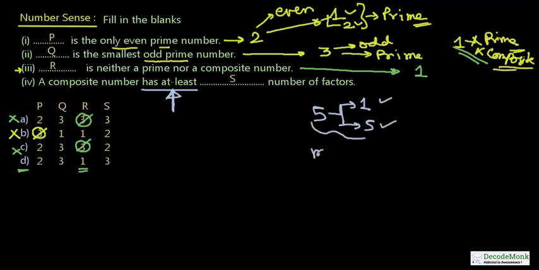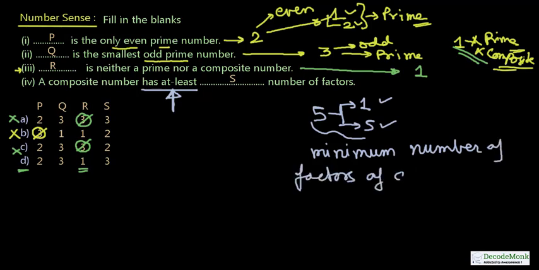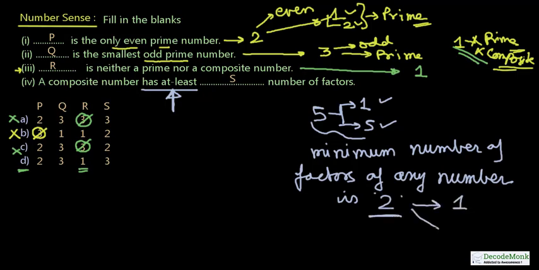So the minimum number of factors of any number is 2: the first is 1 and the second is itself, irrespective of being prime or composite.